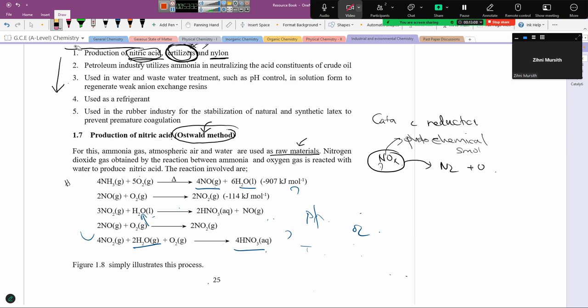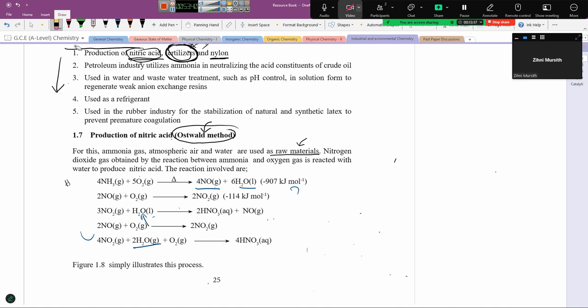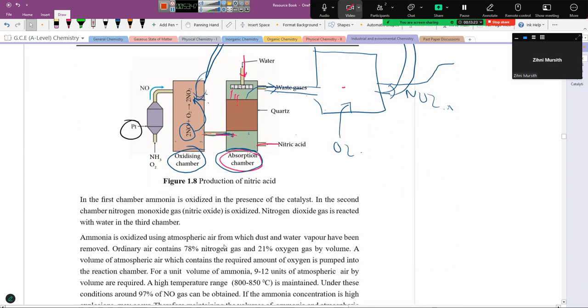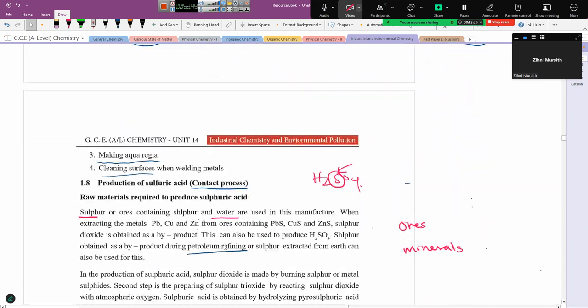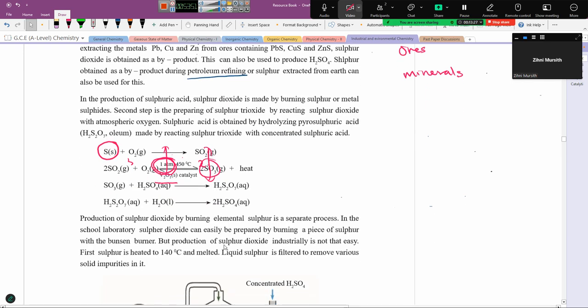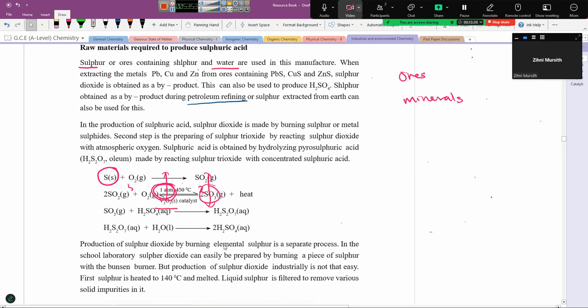But in NH3 they can ask, because the equation involved in the production of ammonia, N2 plus H2 gives NH3, is an equilibrium reaction. And in the production of sulfuric acid using the contact process, the second step reaction is an equilibrium reaction. So they might ask questions, right?